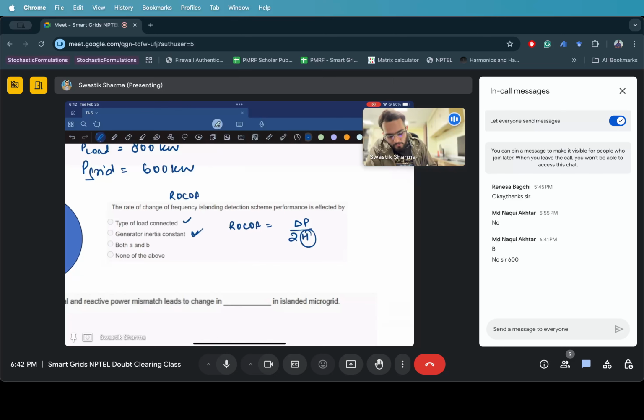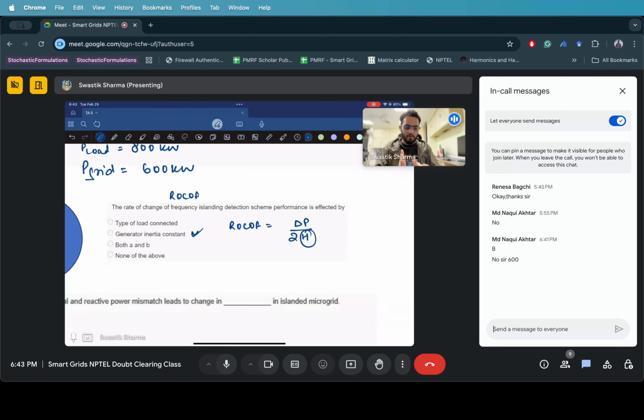Now, the type of load connected. What do you mean by type of load connected? Let's say there are high volume loads connected, some industrial loads, and suddenly a power imbalance has occurred and these loads are lost.